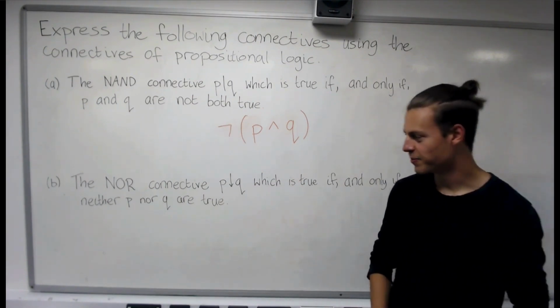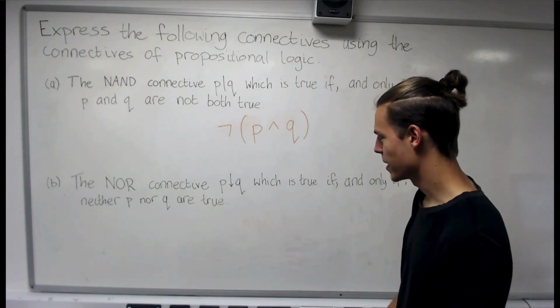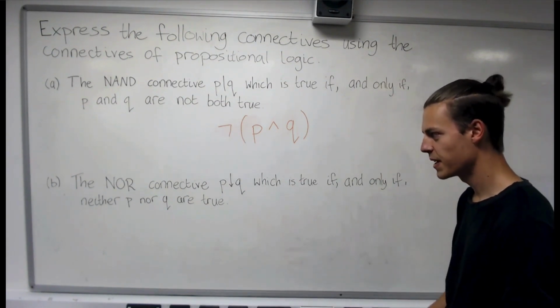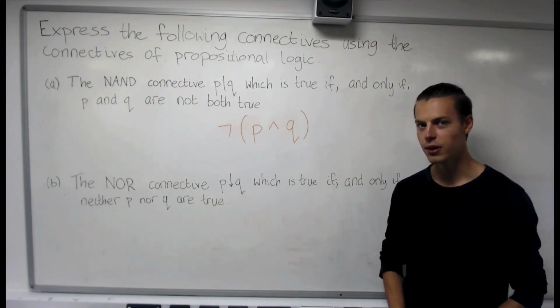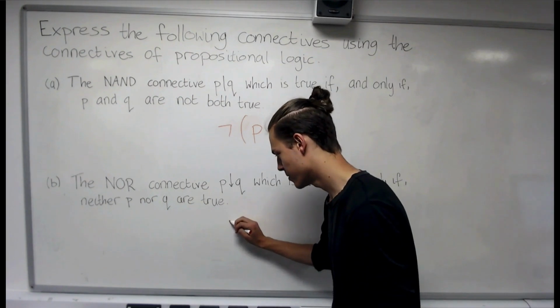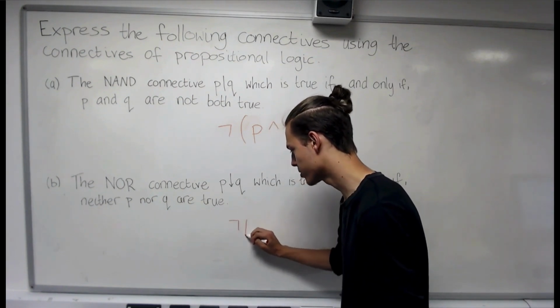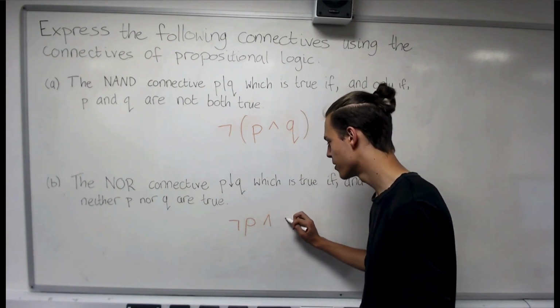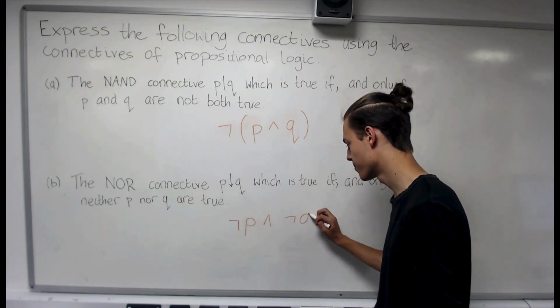Let's take a look at the second one. The NOR connective, P NOR Q, which is true if and only if neither P nor Q are true, right? So P is not true and Q is not true.